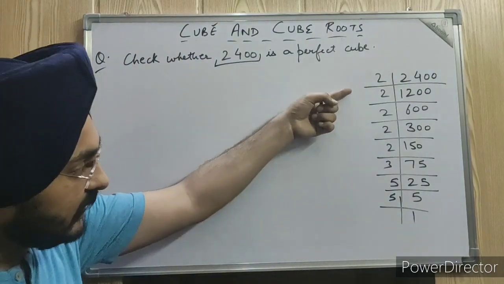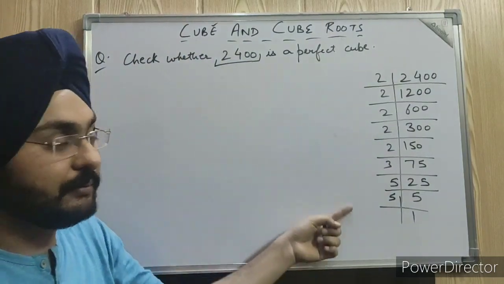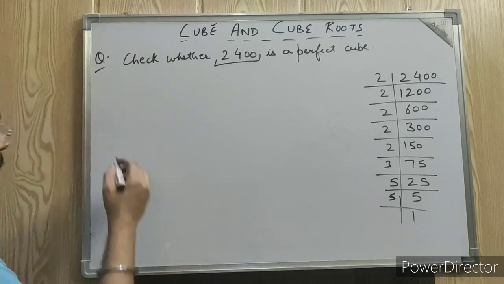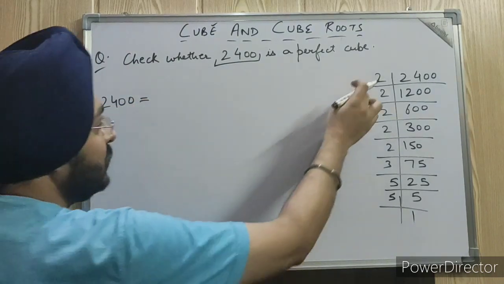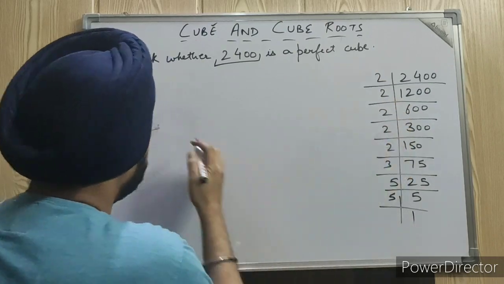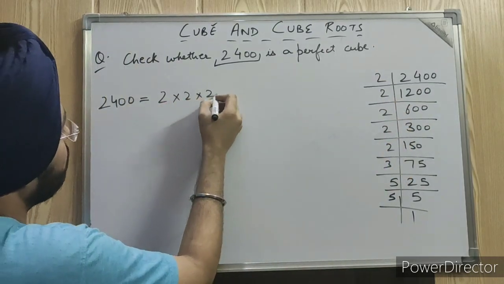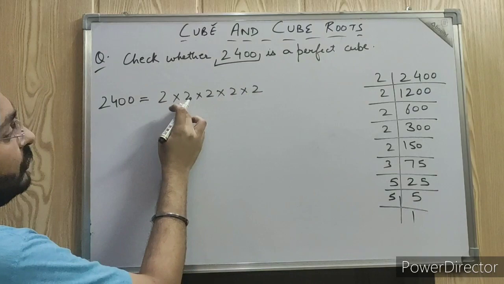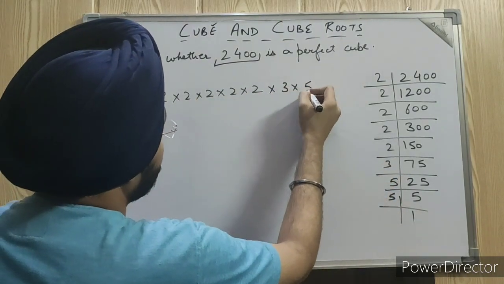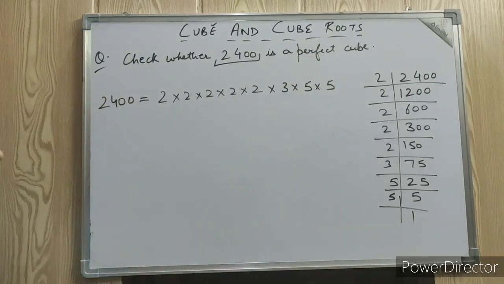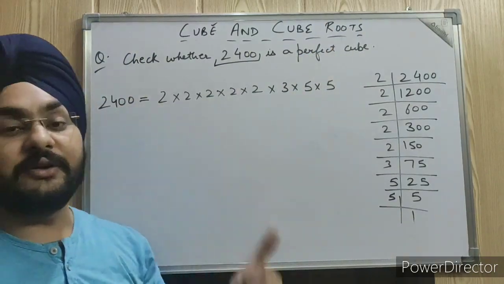So I will be left with these prime numbers in the prime factorization of 2400. So I am writing it this way: 2 into 2 into 2 into 2 into 2, multiplied with 3 and 5 and 5. On multiplying you will be getting 2400 only.